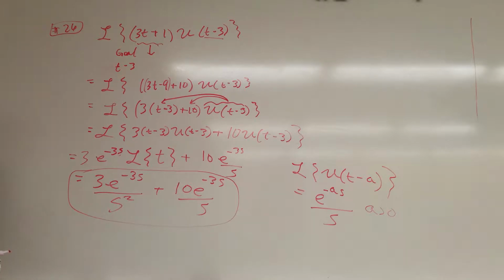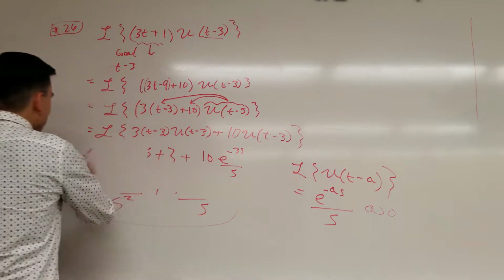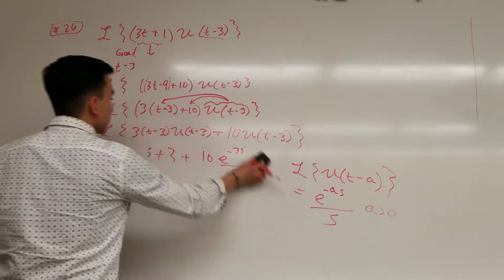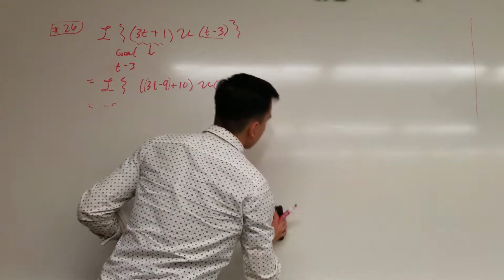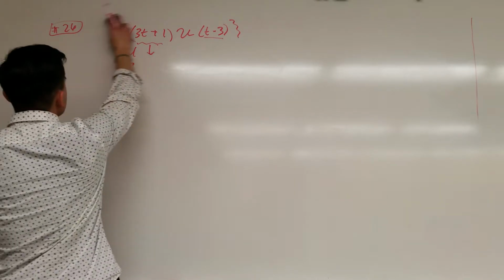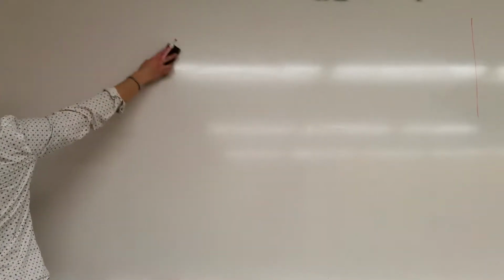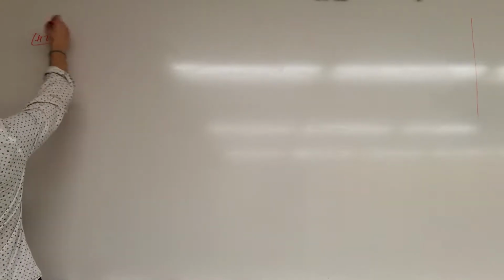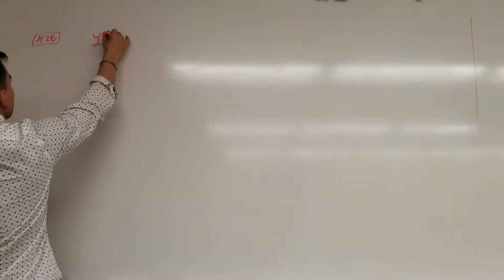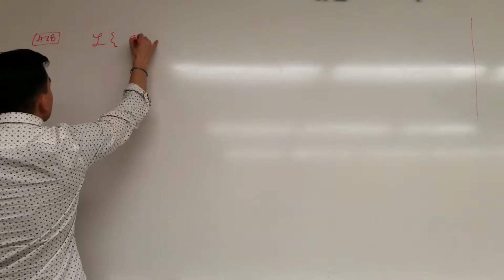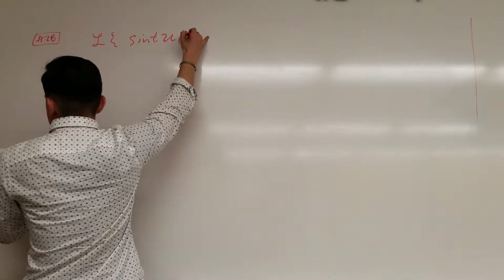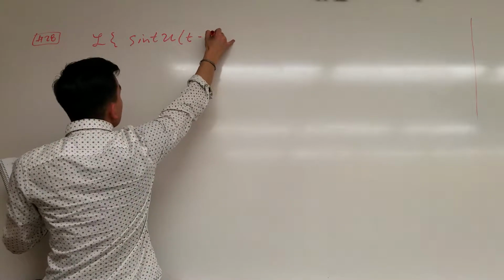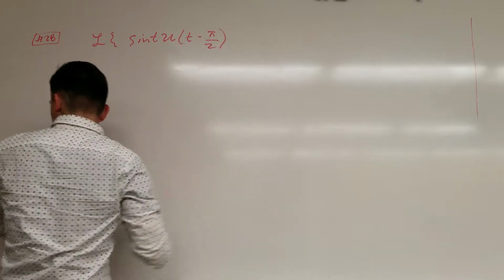All right, so let's look at another problem, which involves trig. Yay, more trigonometry. Sine t, unit step of t minus pi halves.